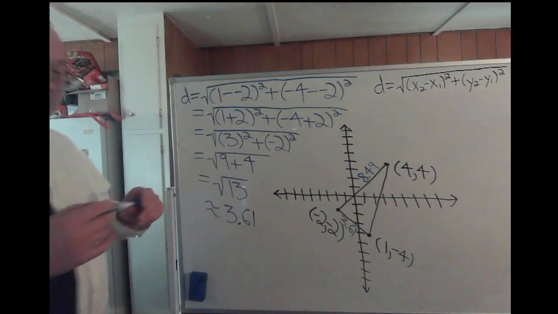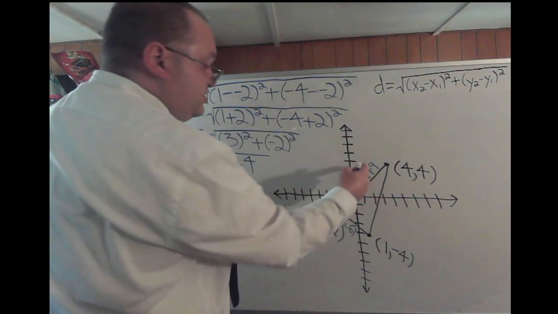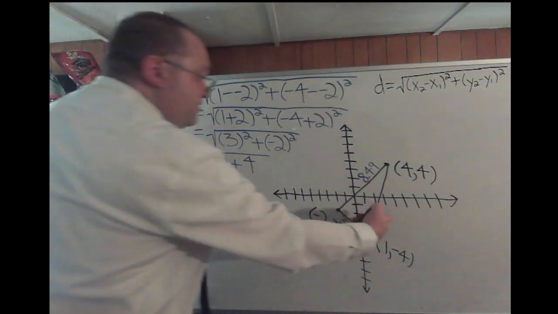So I'm going to write that there. So we got two sides. We have 8.49 and 3.61. We need to find a third side here.